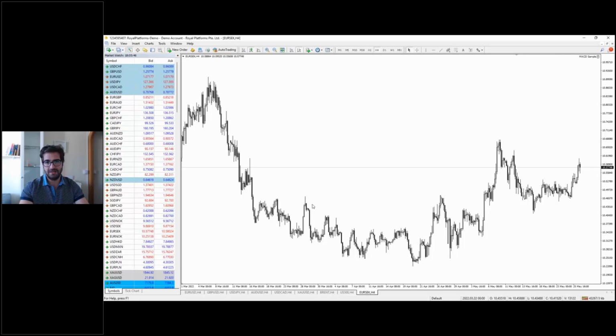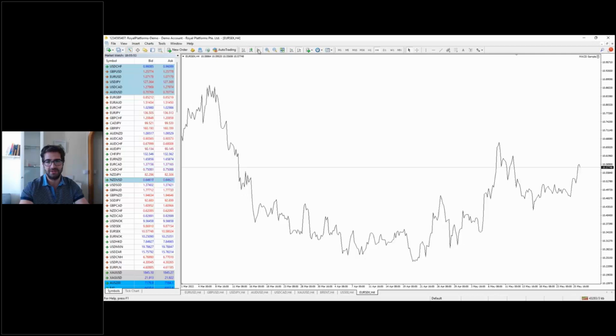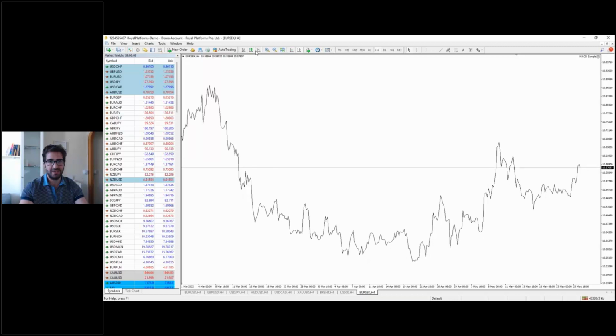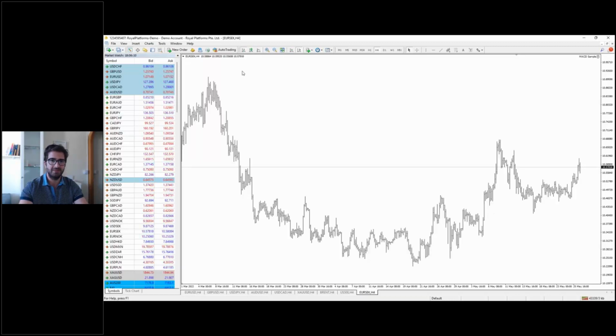These are the forms of charts that you have. At the top we have line charts. By pressing this you will get this. We have the candlestick chart, and here we have this last one, which is the bar chart. So we have the candlestick chart, the line chart, and the bar chart.